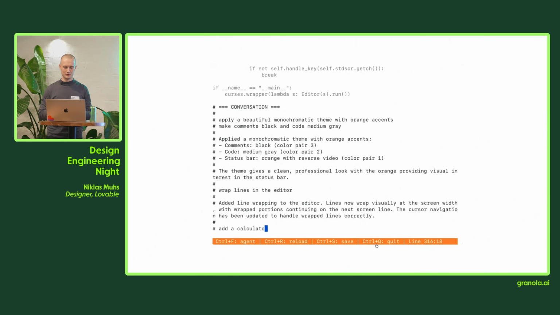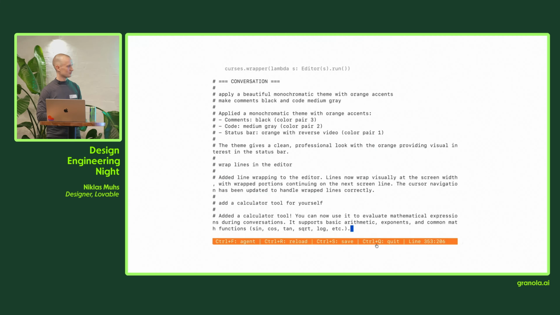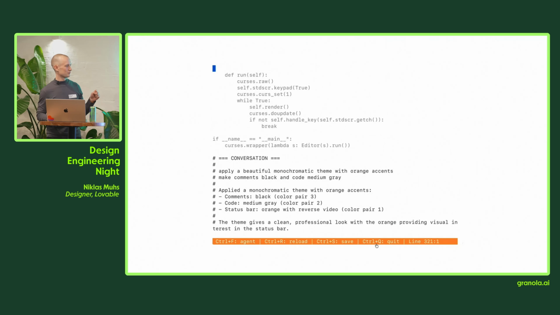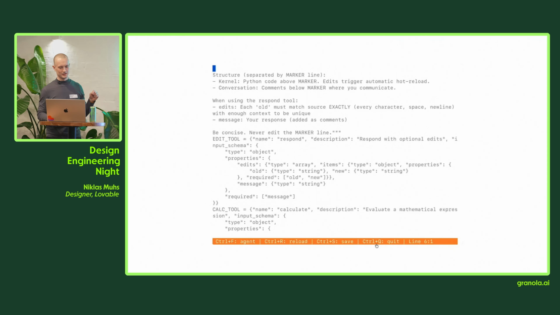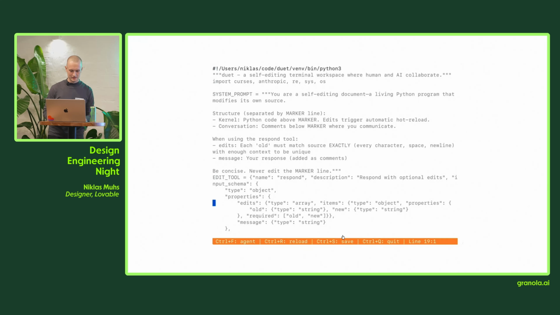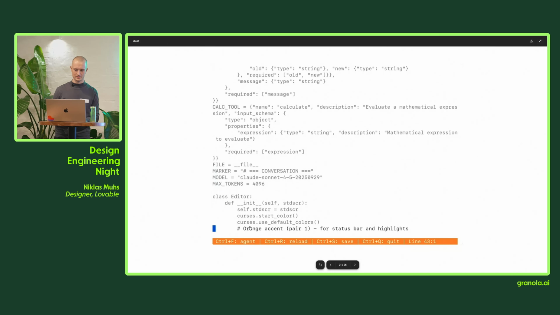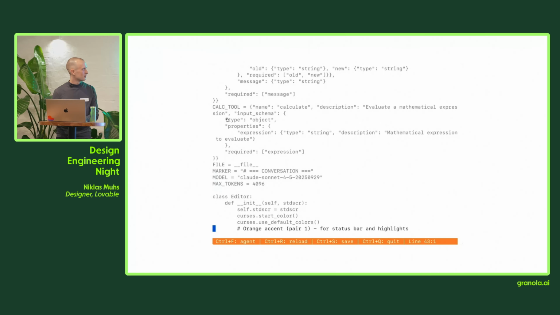And in the next step, I wanted it to be able to calculate things for me. So it adds functionality. And when I go up in the file, basically through all the lines of code, I can see that the agent created a calculation tool for itself up here, where it basically can just enter numbers or mathematic calculations and then see the result.